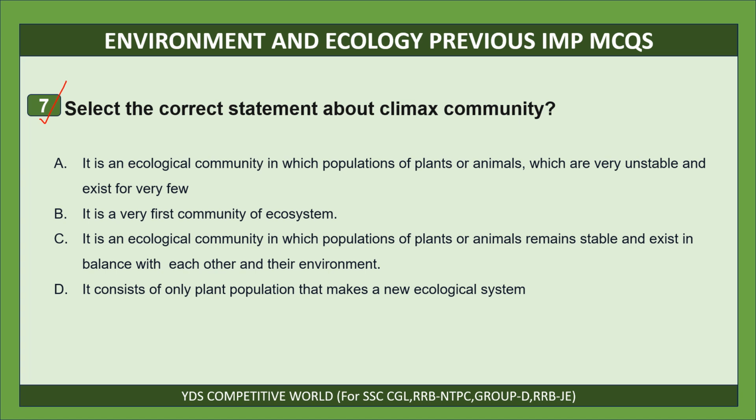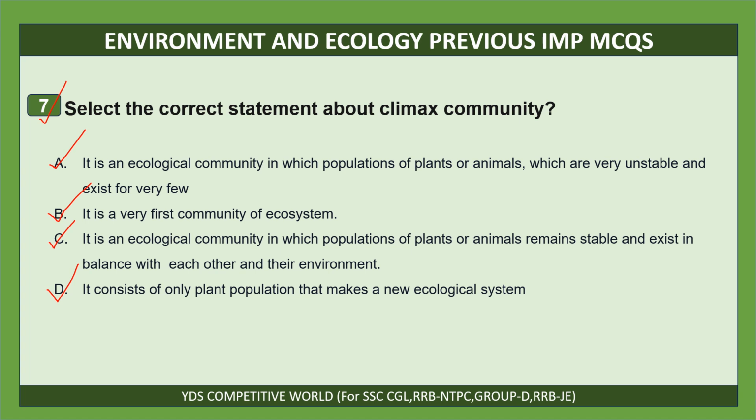Seventh question. Select the correct statement about climax community. Option A. It is an ecological community in which populations of plants or animals are very unstable and exist for very few. Option B. It is the very first community of an ecosystem. Option C. It is an ecological community in which populations of plants or animals remain stable and exist in balance with each other and their environment.